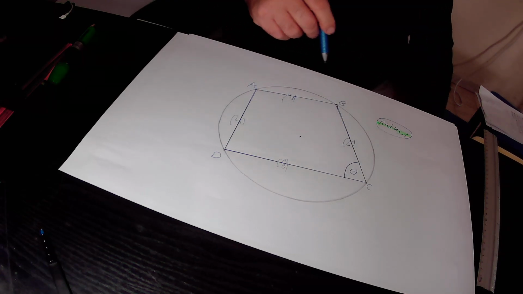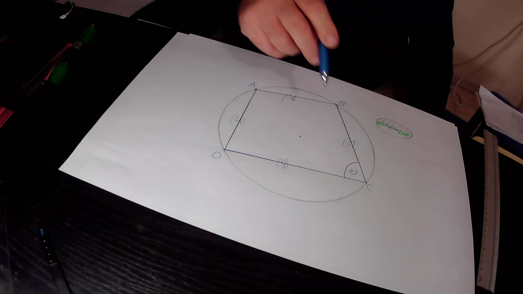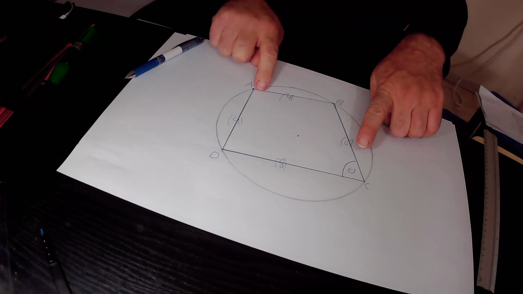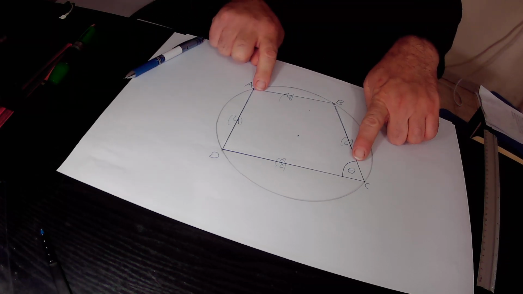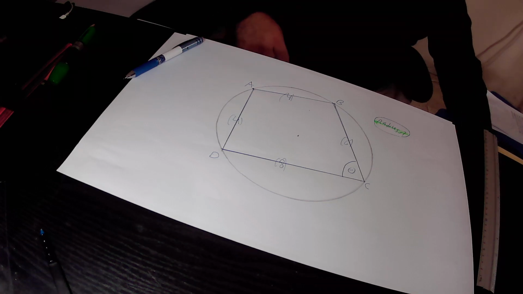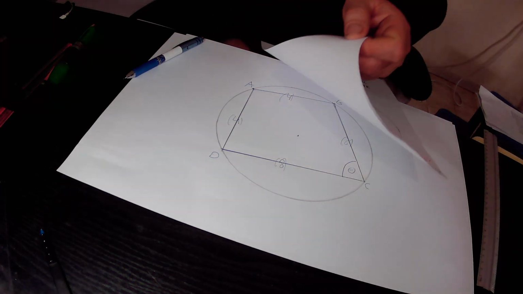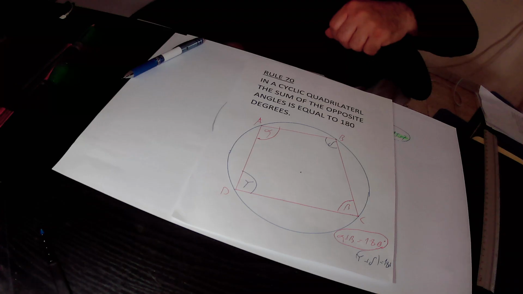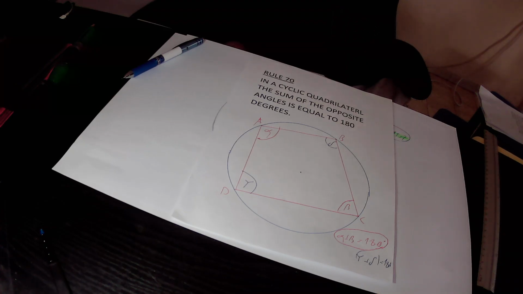Quadrilateral ABCD is inscribed by this circle, and therefore the sum of those two opposite angles must be equal to 180 degrees according to rule 70. So let me quickly repeat rule 70. According to rule 70, in any cyclic quadrilateral, the sum of the opposite angles must be equal to 180 degrees.